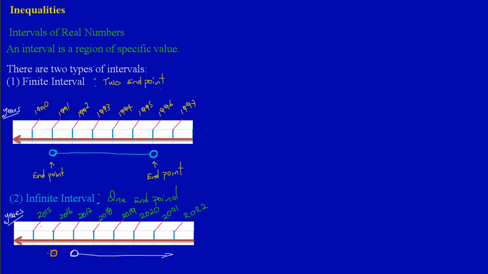So you would say civilization took place sometime down there in infinity. You couldn't give them a starting point. You could only mark the year that you're in. So that would be your endpoint. This would be an endpoint in this example, and this would be another endpoint in the other example. Remember, these are two different examples. This example has nothing to do with that. We asked two different questions.